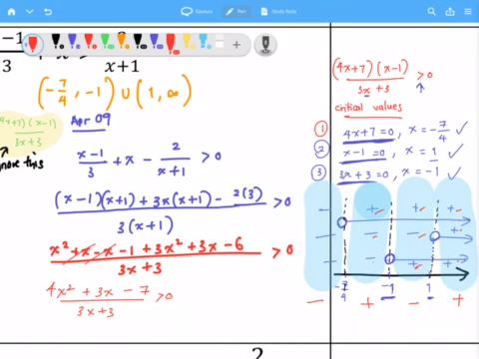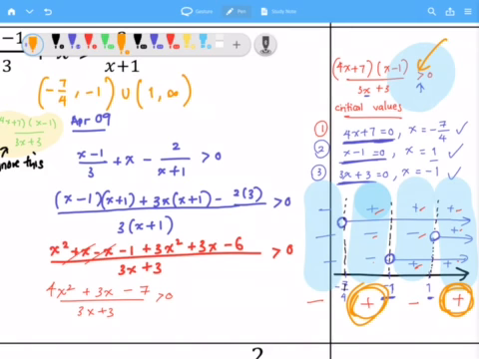So we look back at this equation here. What we want is anything more than 0. So you are just grabbing these ranges of values.